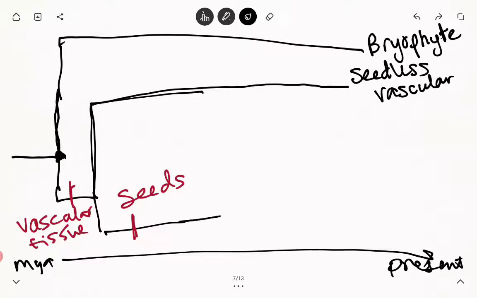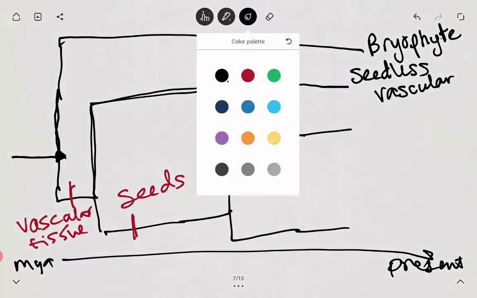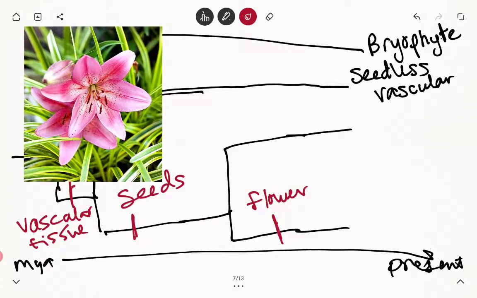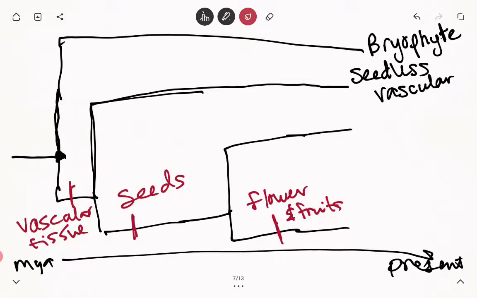This down here, though, we see this has split off into two groups of plants. In one of those branches, we'll put it down here, this group gained through the process of evolution the ability to produce flowers and fruits. This other group up top, though, did not.